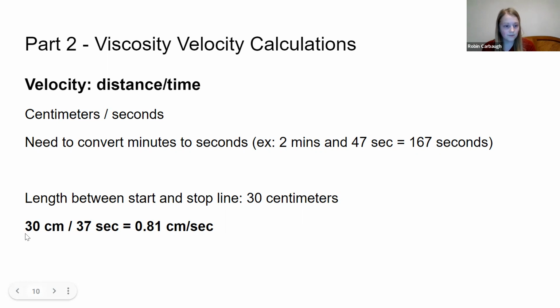So for instance, looking at the past example, 30 centimeters divided by that 37 seconds would be 0.81 centimeters per second. That would be the velocity. And then just also make sure to convert all minutes to seconds. This equation won't work with minutes in this case for the next part that we're doing.